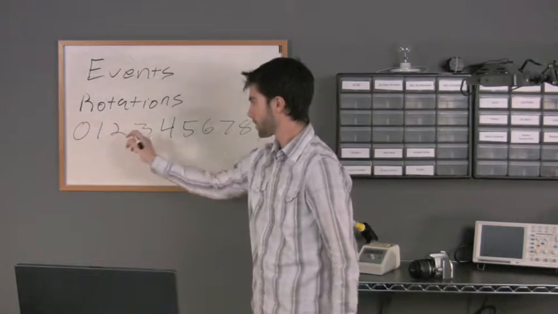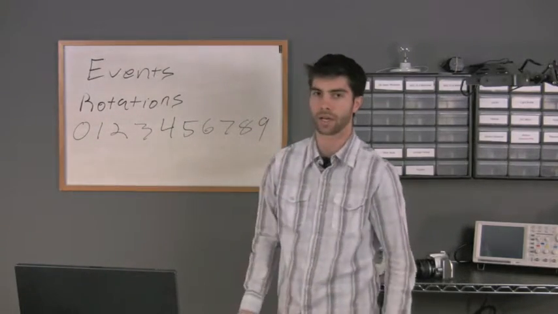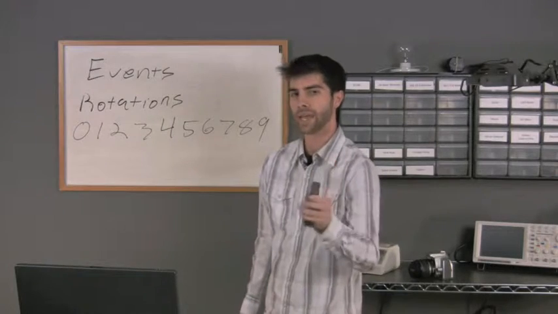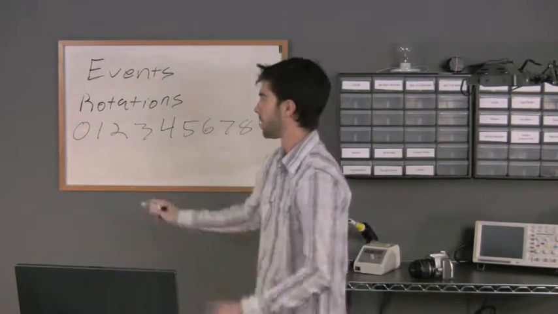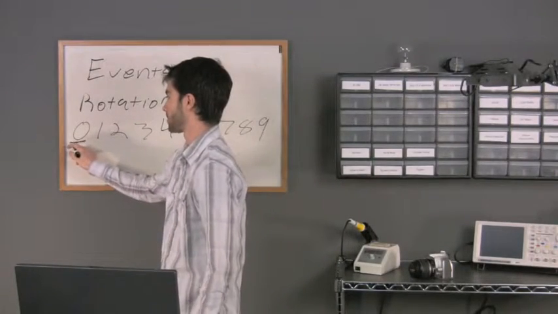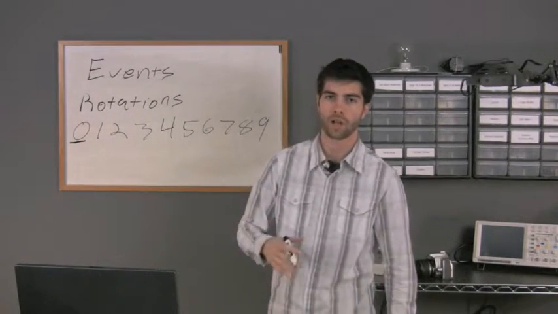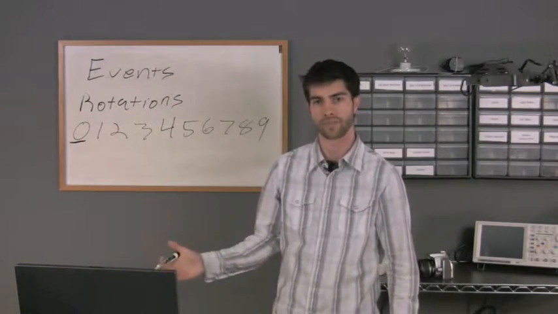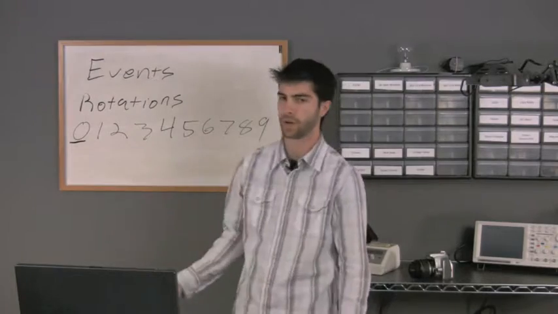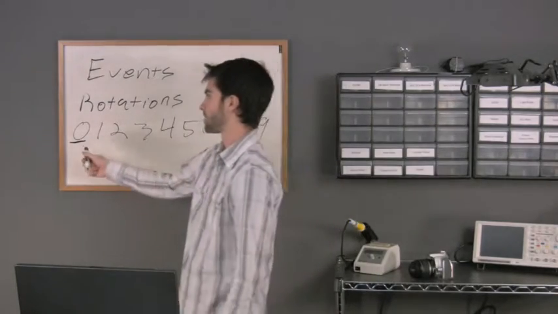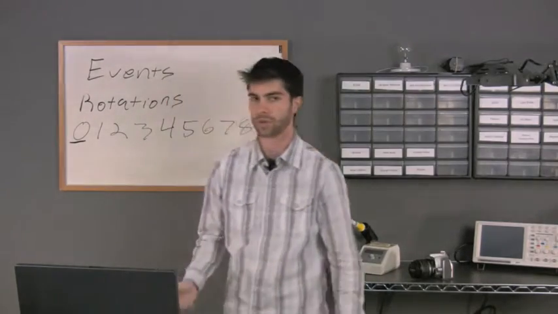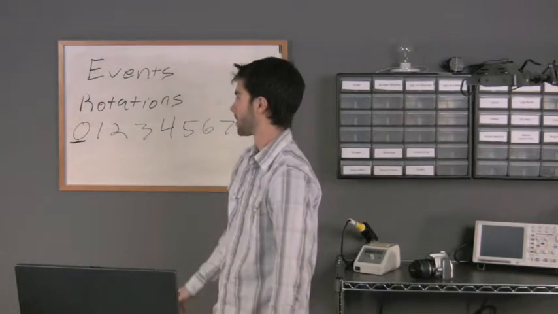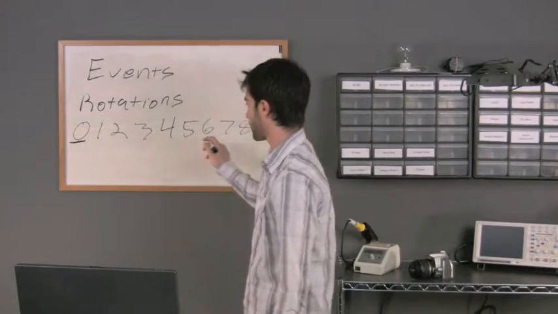And on each one of these counts, we can trigger a relay. However, you cannot trigger a relay on the 0 count. At 0, all of your relays are going to go off automatically. That's just the way rotations work. At 0, your relays are going to go off. Okay? At any other one of these numbers, I can turn on a relay.